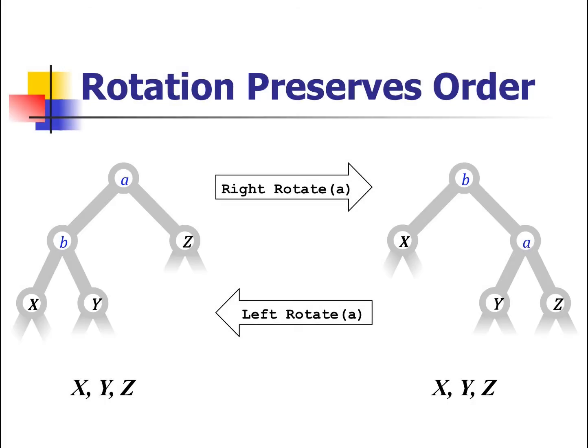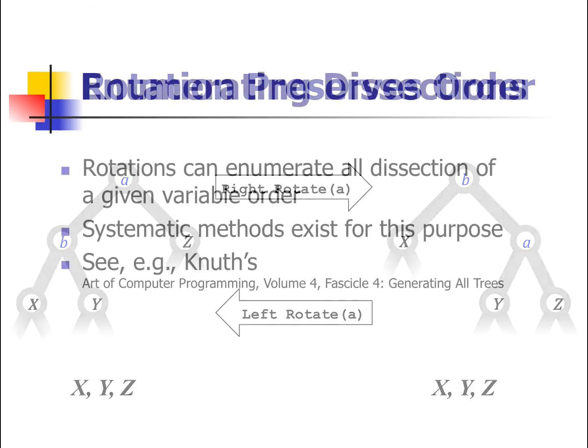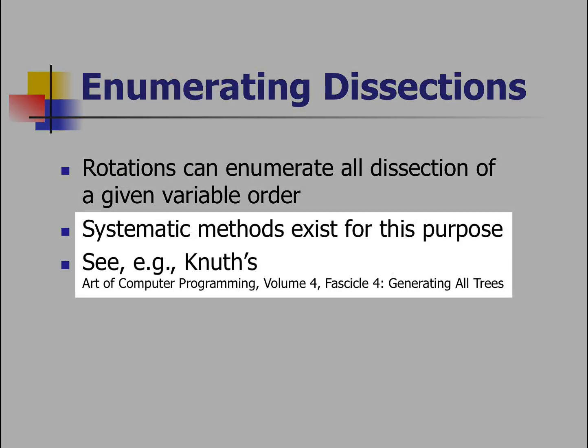So again, rotations change the dissection, but they leave the underlying order untouched. And as I said, there are systematic methods in the algorithms literature that show how one can sequence left and right rotations to ensure the navigation of all possible dissections.